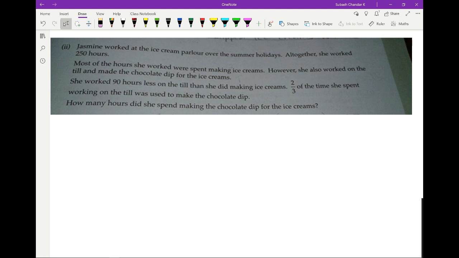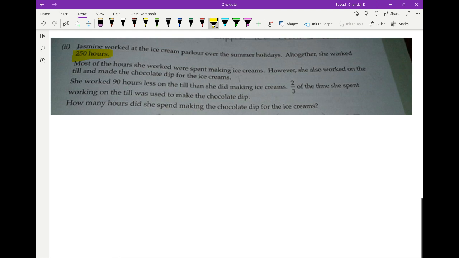So what we have is Jasmine worked at the ice cream parlor in the summer holidays. All together she worked 250 hours. So there's our first bit of information that's quite crucial. The next bit is that most of the hours she worked were spent making ice creams.